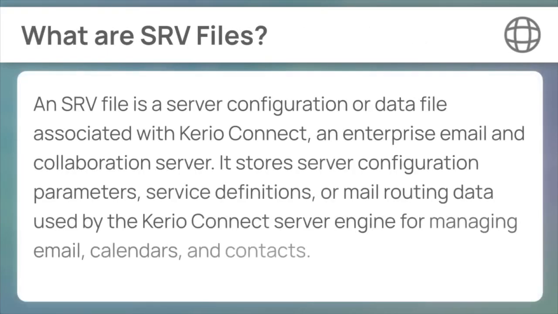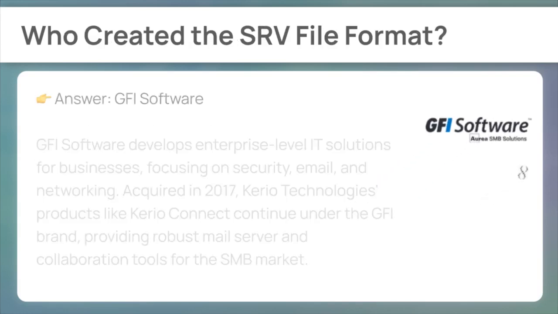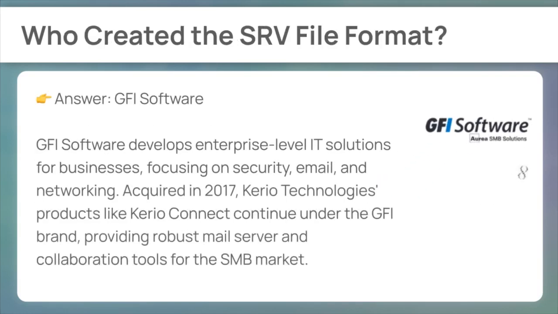An SRV file is a server configuration or data file associated with Kerio Connect, an enterprise email and collaboration server. It stores server configuration parameters, service definitions, or mail routing data used by the Kerio Connect server engine for managing email, calendars, and contacts.